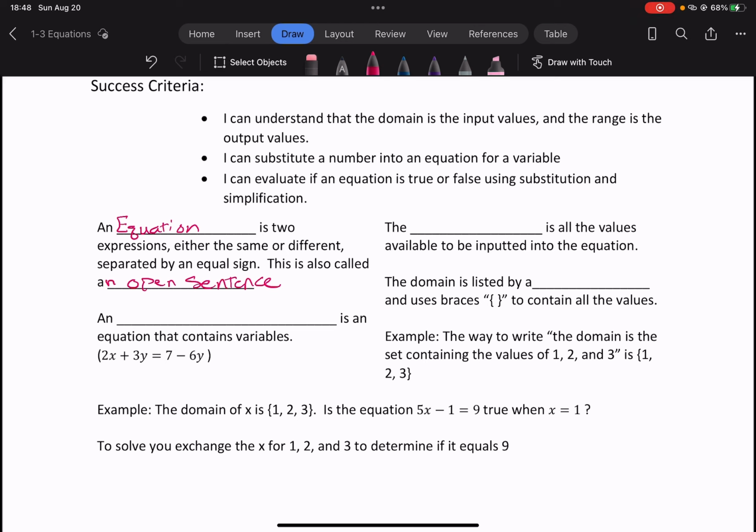All right, so the domain is all the values that can be inputted into the equation. For example, the domain could be all real numbers. If we're talking about speeds, it can be any speed, because I can go 54.7 miles an hour, or I can go 37.9, or whatever you can think of.